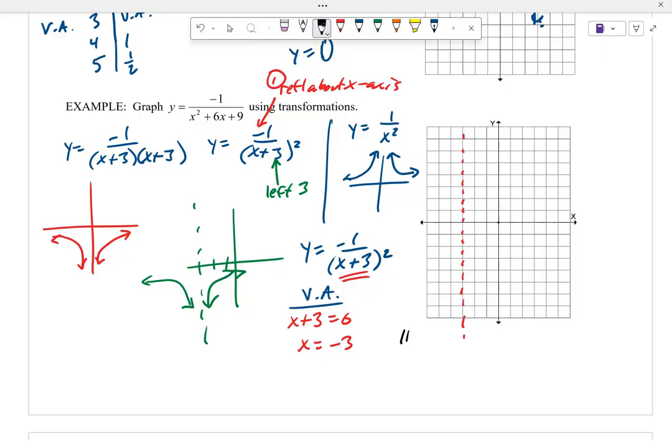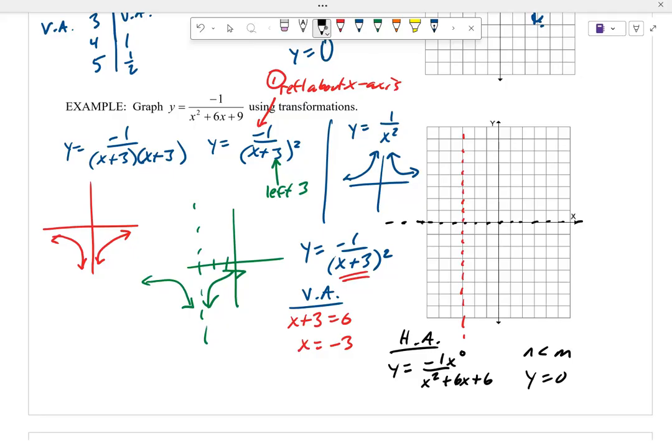Secondly, where's my horizontal asymptote? The degree of the top is 0, x to the 0, don't write that in. The degree of the bottom is 2. If n is less than m, sorry about that, y equals 0 is our horizontal asymptote. There it is.